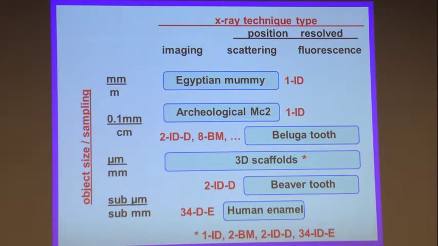Looking at various different things from an Egyptian mummy, which might be not just a cultural heritage object, but might be a surrogate for actually doing diffraction on a cadaver or on a living patient, perhaps.